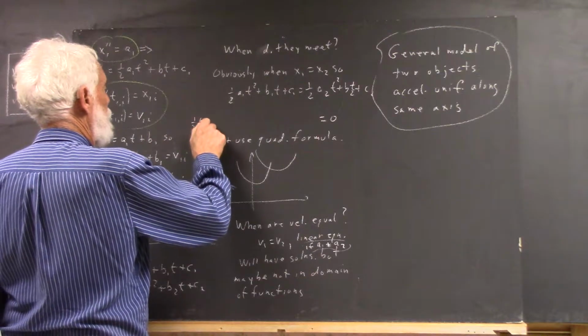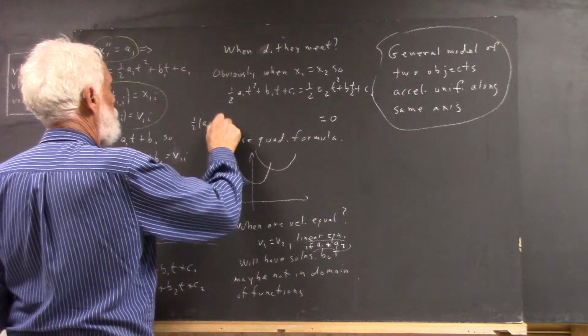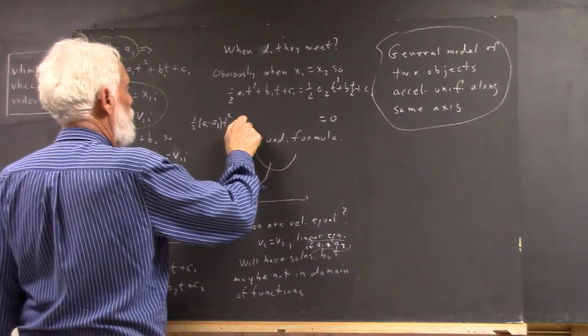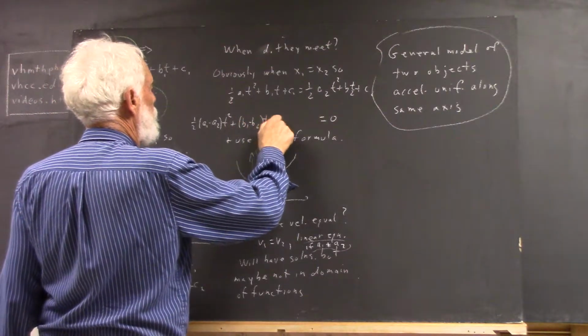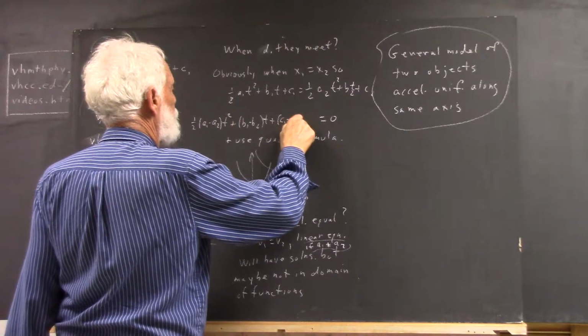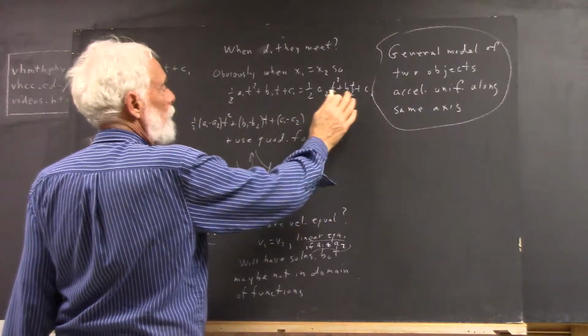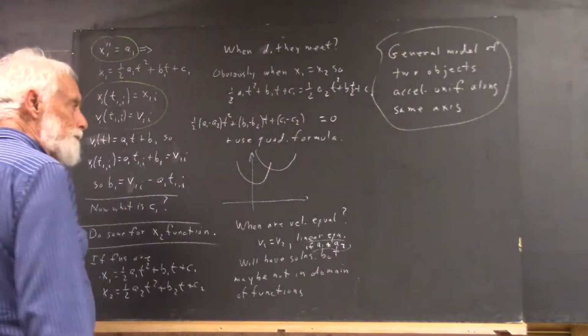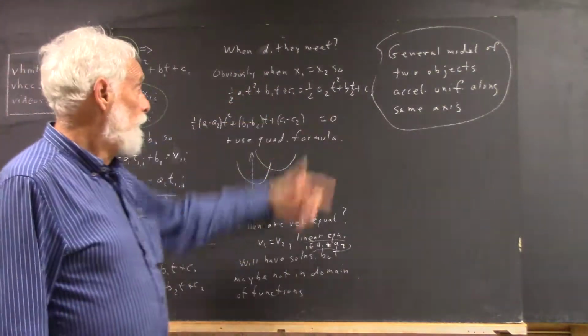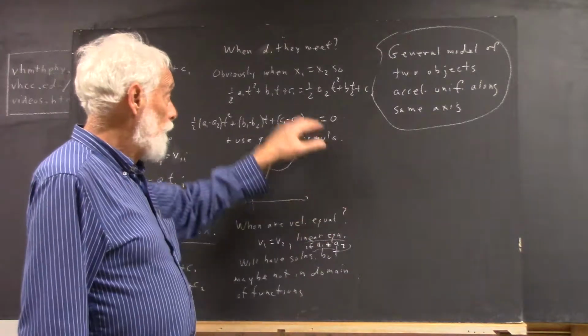It's 1/2 (a1 minus a2) t squared plus (b1 minus b2) t plus (c1 minus c2) equals 0. We just subtract all this from here and simplify it. It's very straightforward. If you don't understand why I wrote that down, just do it yourself.